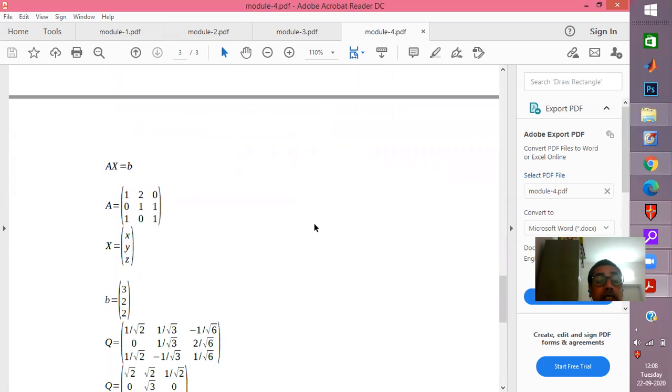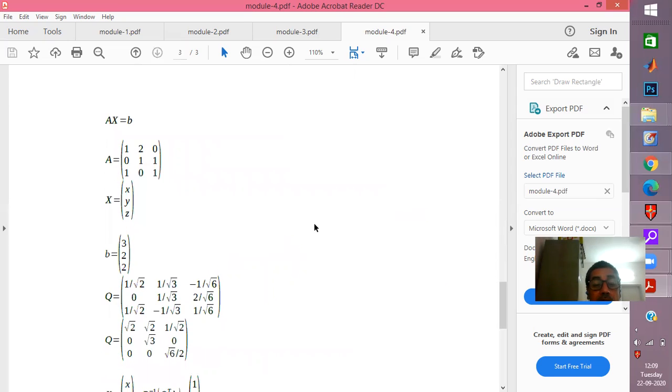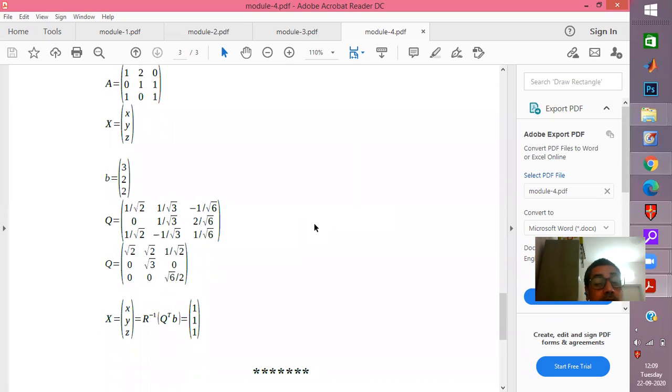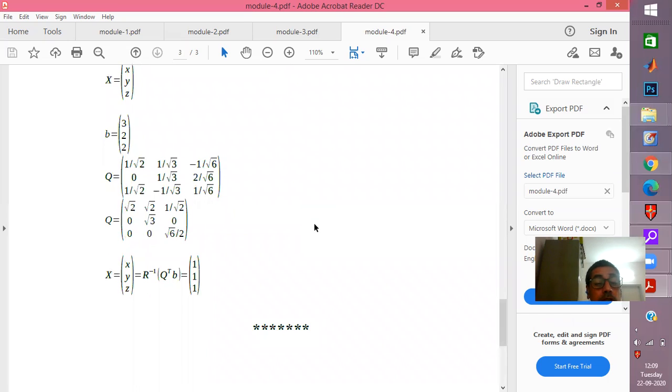First, you extract the coefficient matrix A, the solution vector X, and the right-hand side column vector B. As explained in the first example, you first test that the three columns of the matrix A are linearly independent, and then using the Gram-Schmidt process, transform them into three new vectors of unit length which are mutually orthogonal, and that produces the matrix Q. So once Q is available, and after having obtained R also by the method explained earlier, we can find the solution vector.